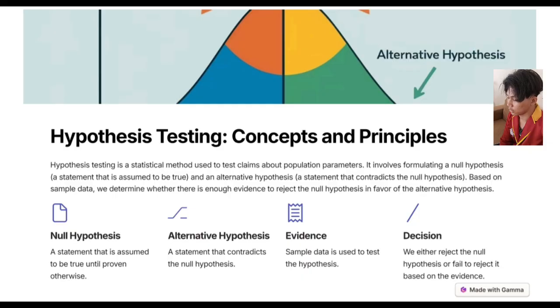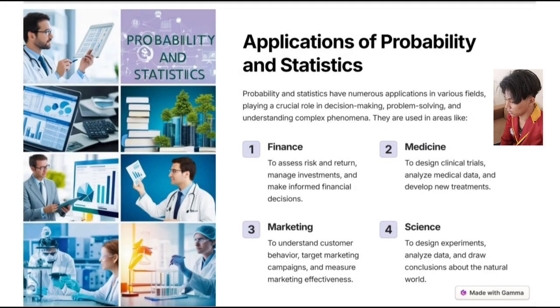Last, applications of probability and statistics. Probability and statistics have numerous applications in various fields, playing a crucial role in decision making, problem solving, and understanding complex phenomena in areas like number one, finance, number two, medicine, number three, marketing, number four, science. Number one, to assess risk, manage investments, and make informed financial decisions. Number two, to conduct clinical trials, analyze medical data, and develop new treatments.